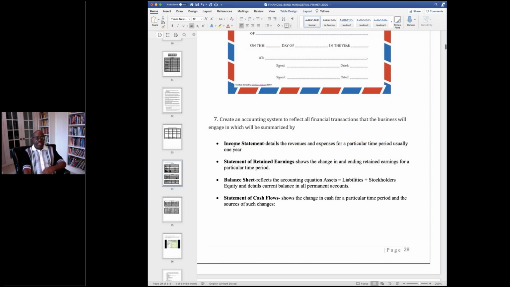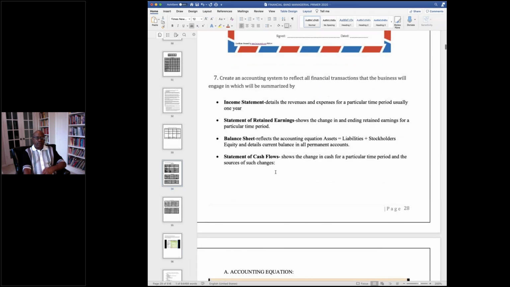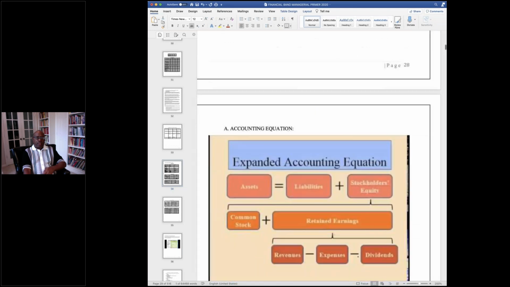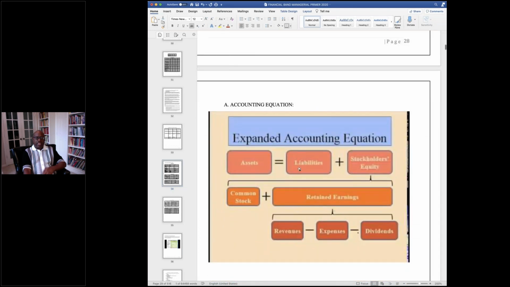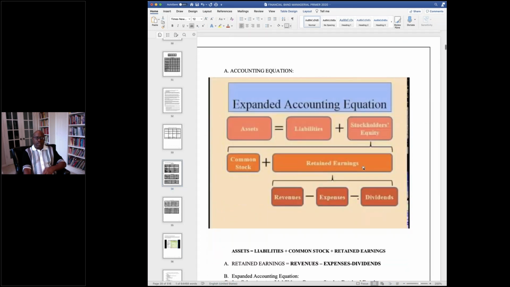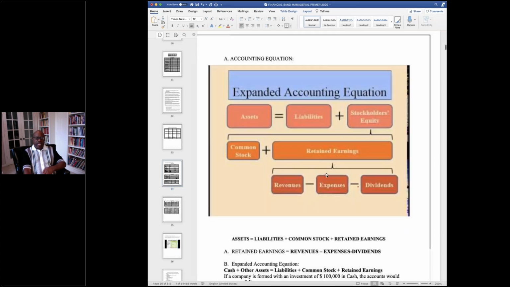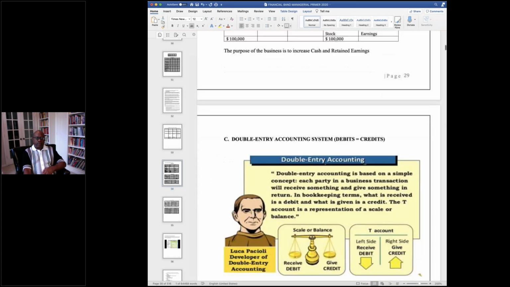We're only working with 3 now: the income statement, the statement of retained earnings, and the balance sheet. We have our equation: assets equal liabilities plus stockholders' equity, which is common stock plus retained earnings. And retained earnings consist of revenues and expenses and dividends. These are temporary retained earnings accounts.